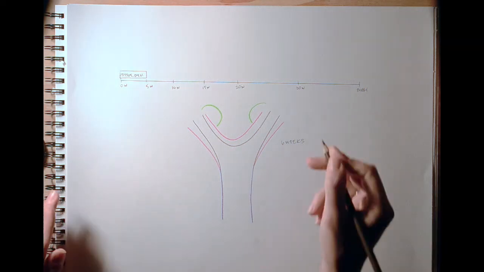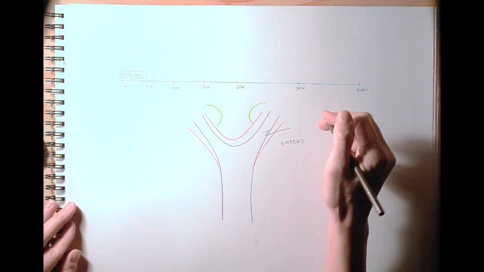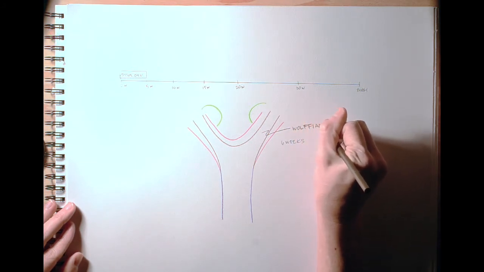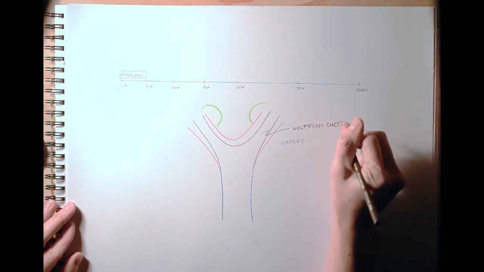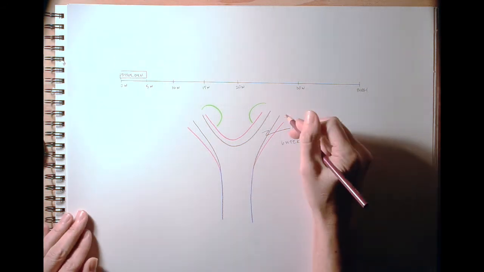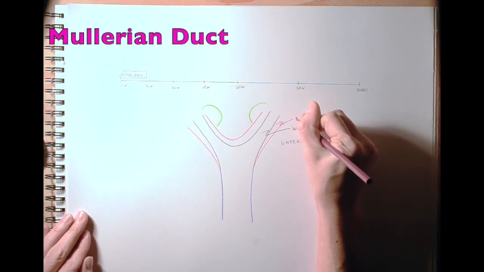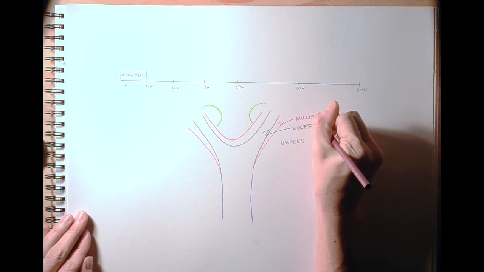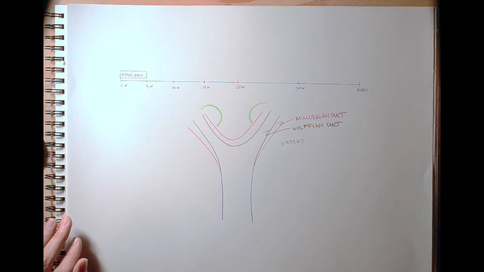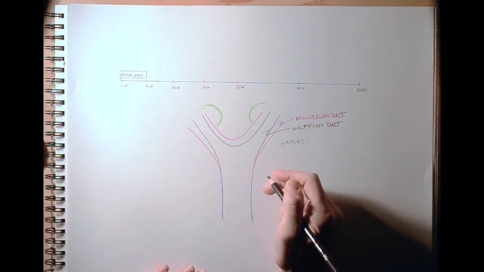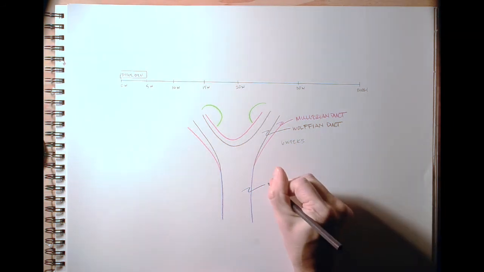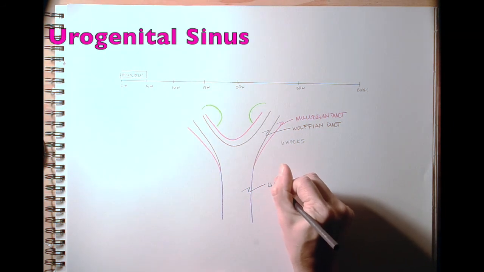And of course what we have here is a couple of tissues. This is the Wolffian duct. And just behind that we have a precursor for the female reproductive tract, that is the Mullerian duct. And this tissue down here, which connects both the Mullerian and the Wolffian duct, is the urogenital sinus.